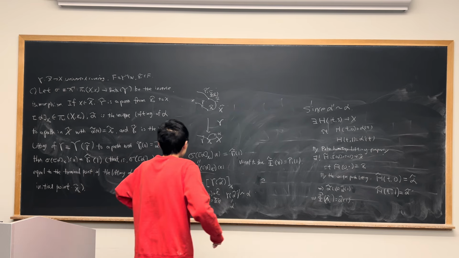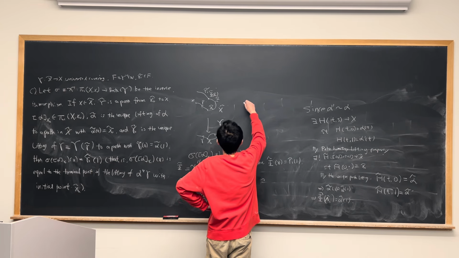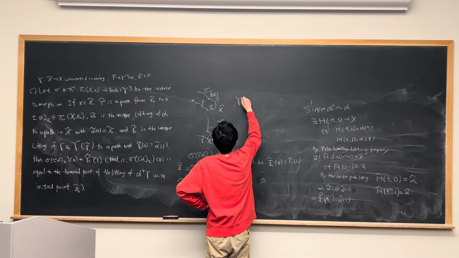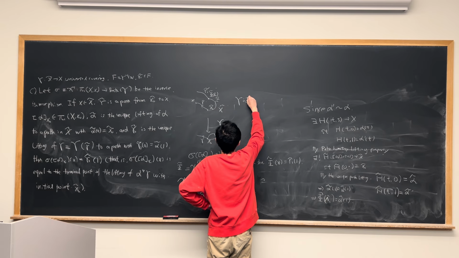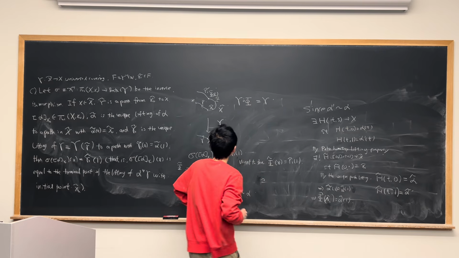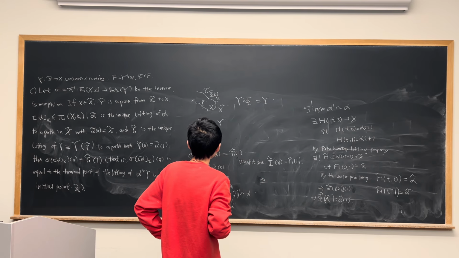Okay, so since we know that gamma composed with phi is equal to gamma, right? Okay, so now what?